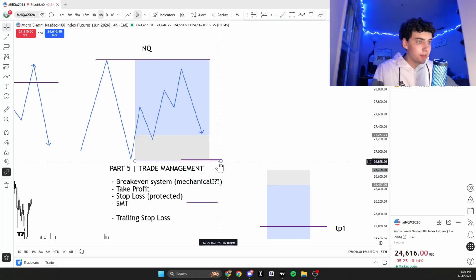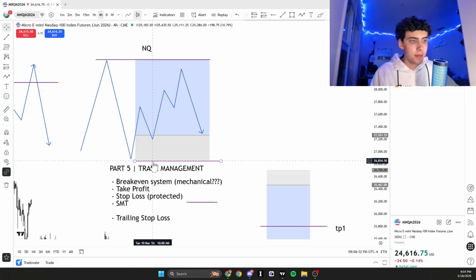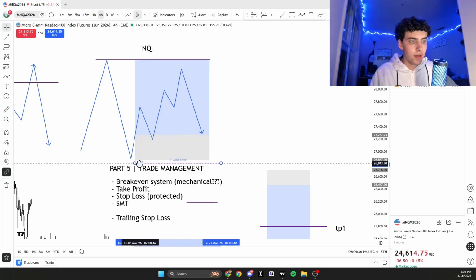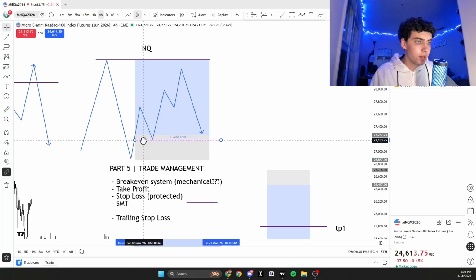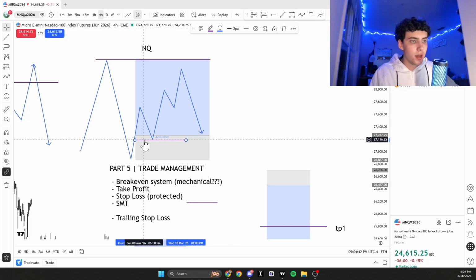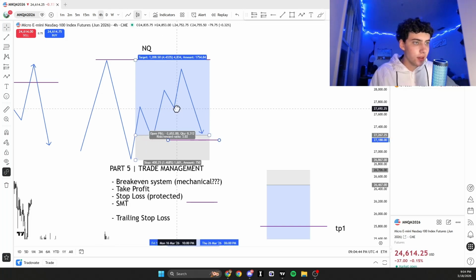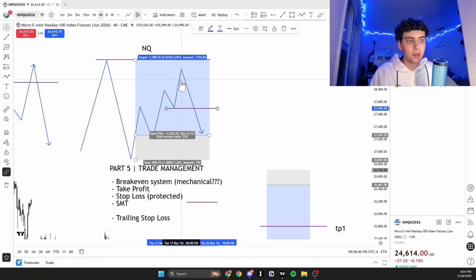The only place that you should be trailing your stops, in my opinion, is to more protected lows. So originally we have it at a protected low. What do we put in? Another protected low. We can move our stop loss to here. And what do we get here? Another protected low. So we're going to move our stop loss to there. Hopefully we hit full TP. If not, we end up getting trailed out in profit.